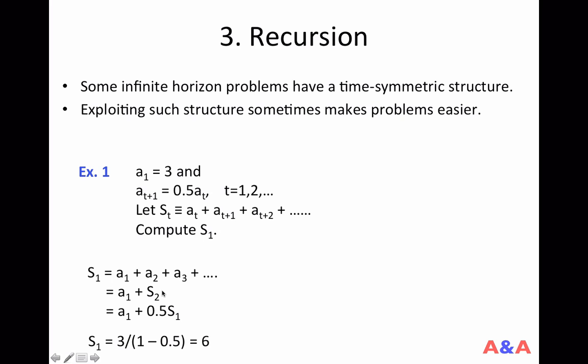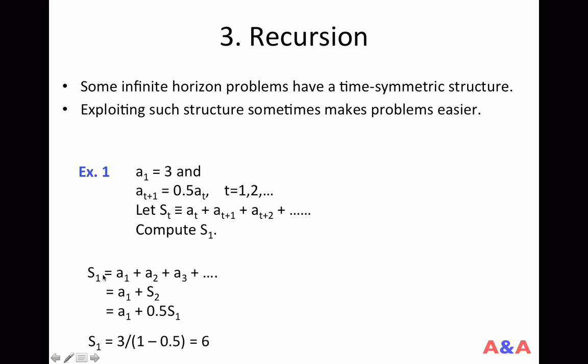That is because the first term of S2 is half as large as the first term of S1. The second term in S2 is half as large as the second term in S1, and so on. All the terms in S2 are just half as large as the corresponding term in S1. And therefore, S2 is equal to 0.5 times S1.